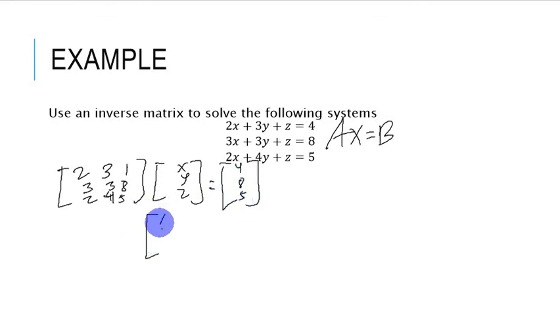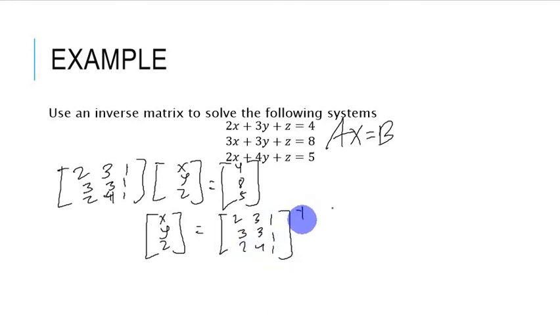Oops, sorry, the entries should be 1, not 8. So that would mean the matrix x, y, z would be equal to the inverse of the coefficient matrix. Find the inverse of that, then multiply it to the matrix of the constants.